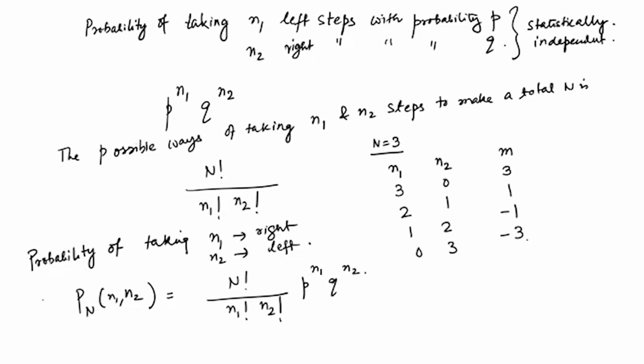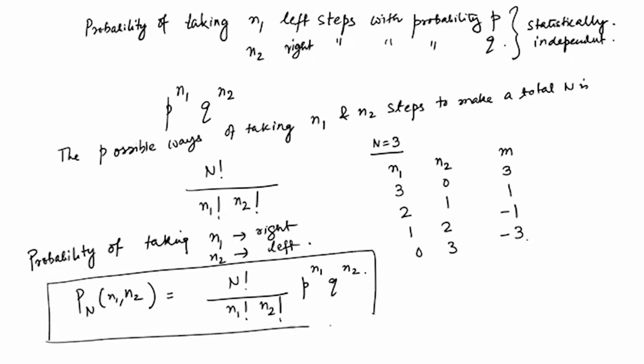Okay. So, this is the probability that the man had taken capital N steps with n1 randomly towards the right and n2 randomly towards the left with probabilities p and q, and this is called a binomial distribution.